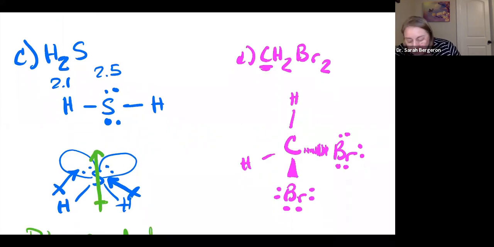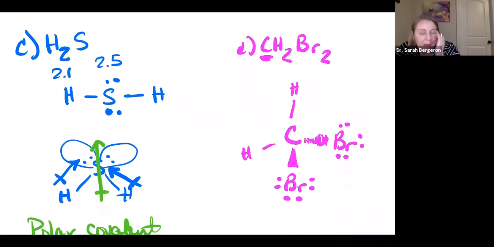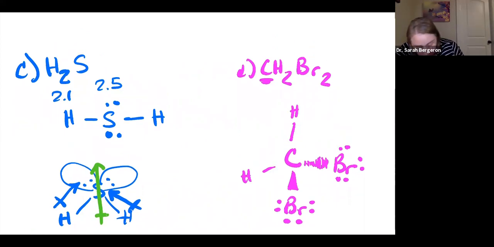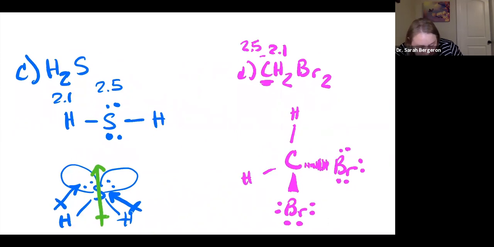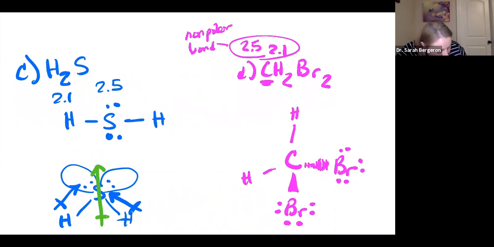Okay. So if we look at this, we have to think about our electronegativity differences, right? So our hydrogen is 2.1, our carbon is 2.5, but we said really that's no difference. So we're going to say that that's a non-polar bond. But our bromine, right, is 2.8.